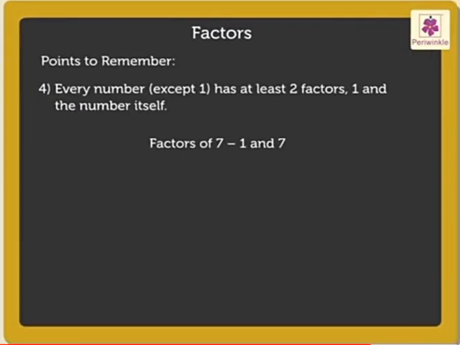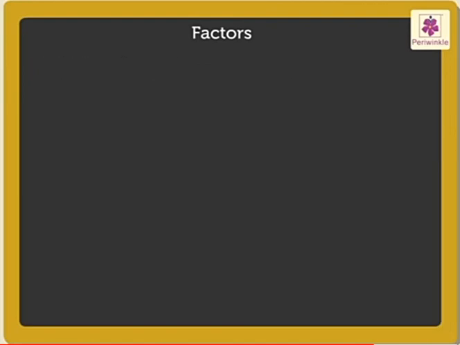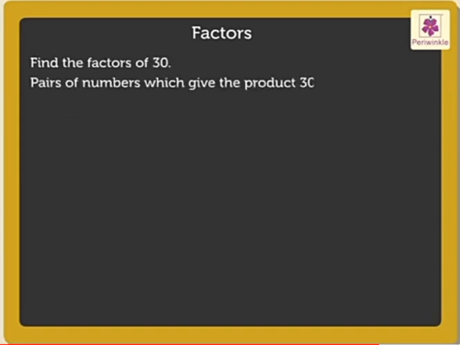Now, let us find the factors of one more number. Let us take the number 30. The pairs of numbers which give the product 30 are 1 into 30 is equal to 30, 2 into 15 is equal to 30, 3 into 10 is equal to 30, 5 into 6 is equal to 30.